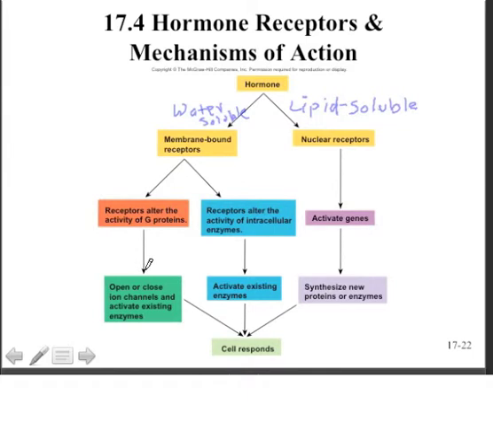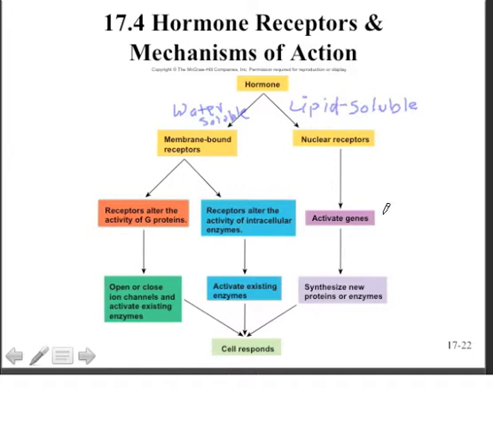Next, we'll either open or close ion channels and activate enzymes inside the cell in the case of a G protein linked receptor, or in the case of a receptor that activates intracellular enzymes, we'll activate those enzymes and generate a cell response.